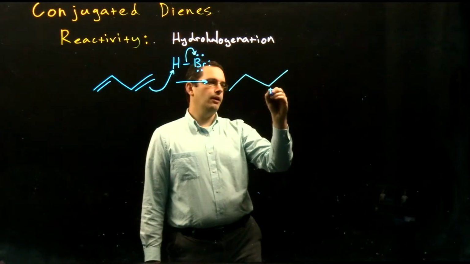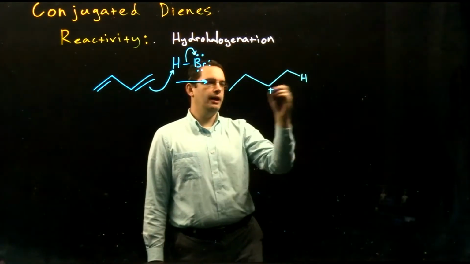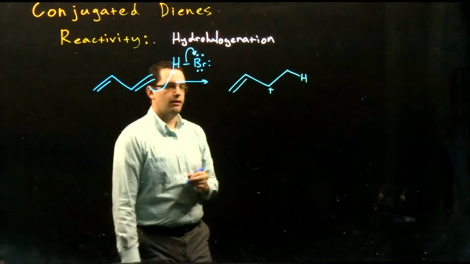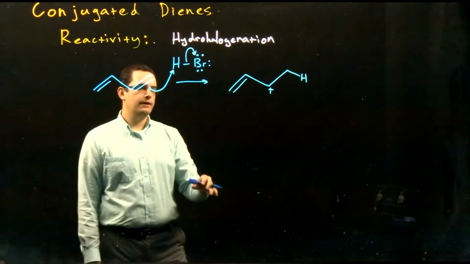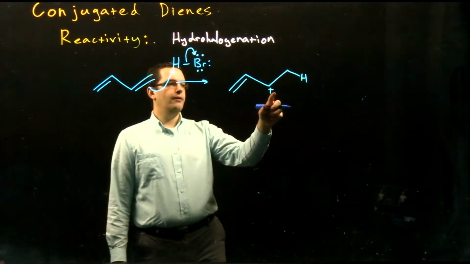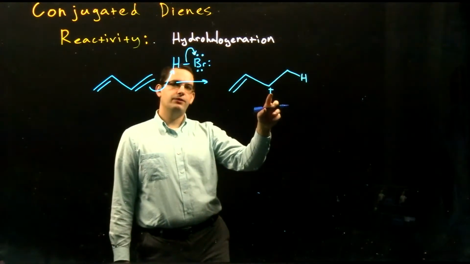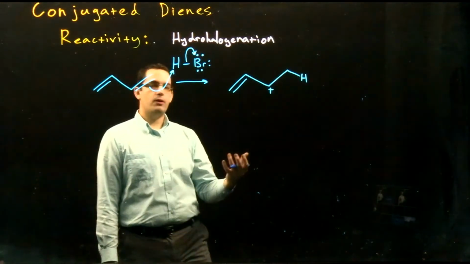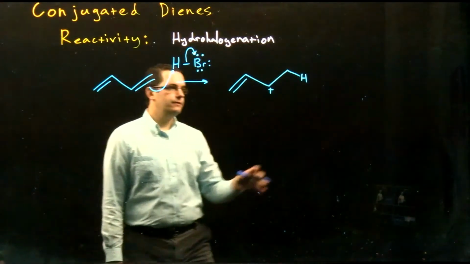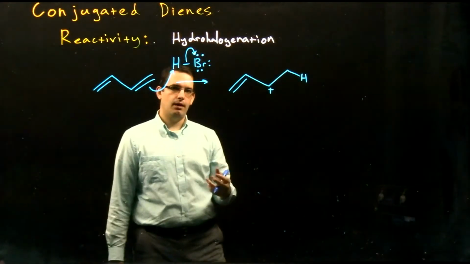So of course that will add on our hydrogen here at the end and produce our carbocation here in the middle. This is because of Markovnikov's rule, which dictates that the carbocation forms at our more substituted position to then allow that more stable carbocation.